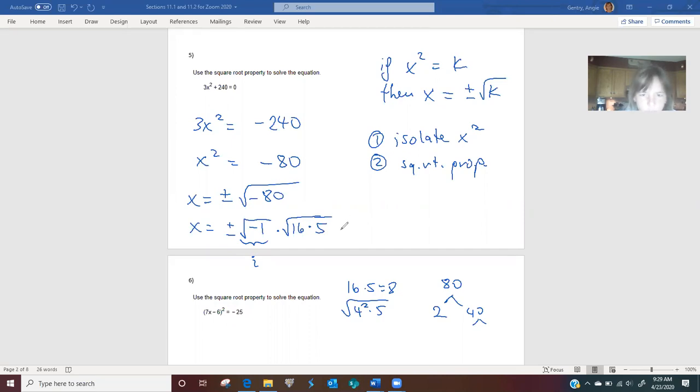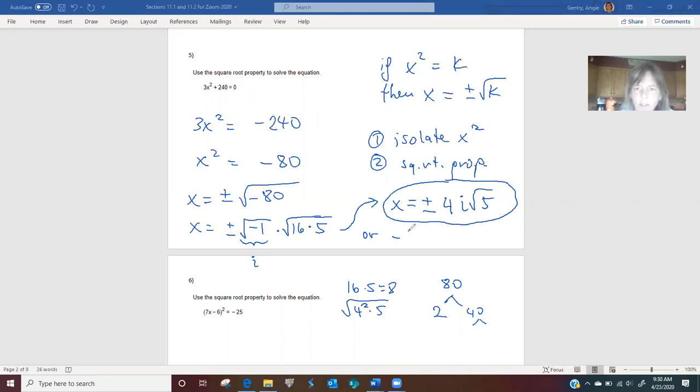And then x equals plus or minus 4i square root of 5 is the best way to show this, because you're going to pull that 4 out, but we'll put that in front of that i, and then we put the radical at the back. Now you can enter this in as a negative 4i square root of 5, comma, positive 4i square root of 5. I like putting them with the plus or minus.